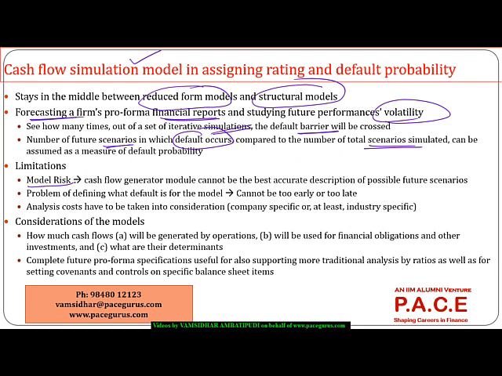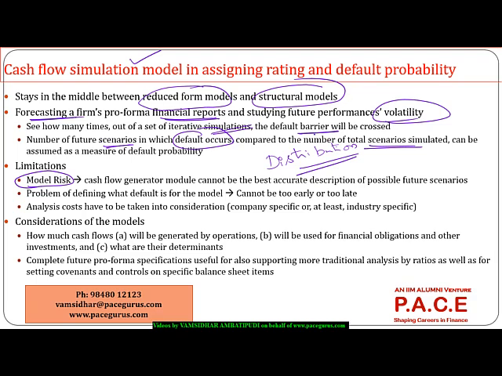So it's again very heavily subject to model risk, because the kind of distribution I have assigned to the various financial parameters of the company, or the financial statement elements, will decide to what extent the cash flows are going to go below a particular threshold, right? That's one of the prime reasons there is a huge possibility of model risk here.